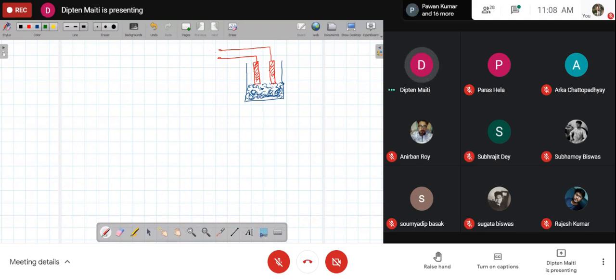We would apply voltage here such that current passes through this, and due to that I square R loss or I square R heat is generated, and finally they would melt, depending upon the requirement. It may happen that we have to melt that, or it may not be required to melt.